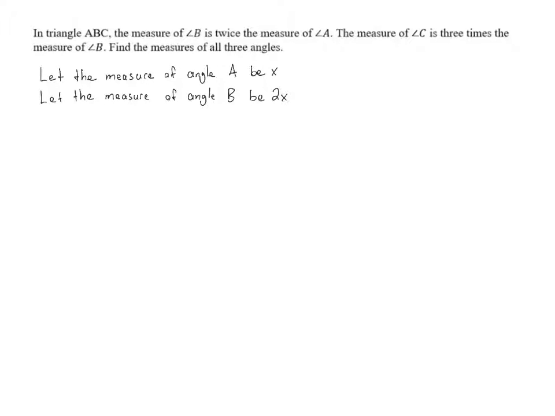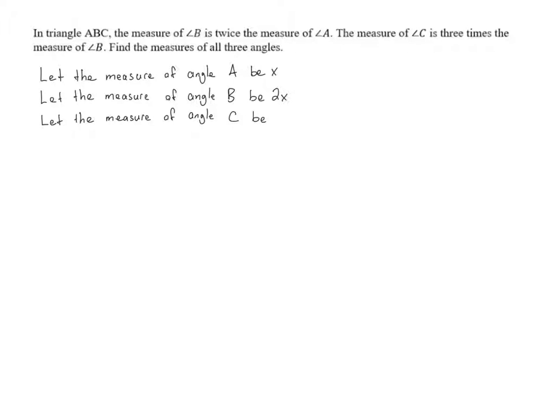But here's where we end up with the difference when we look at the measure of angle C. Let's let the measure of angle C, we have to write this as an expression in terms of x, and we're told the measure of angle C is 3 times the measure of angle B. Now we have to be careful here.